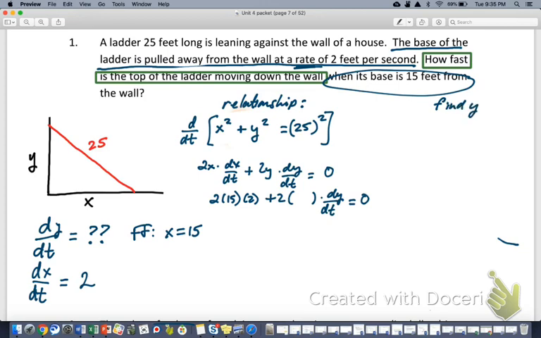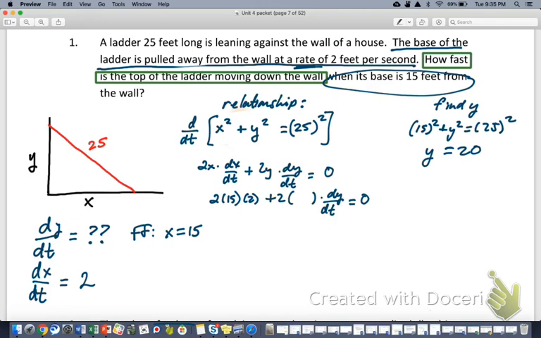The way that I'm going to find y is I'm going to use my Pythagorean theorem at the freeze frame moment. So I would write 15 squared plus y squared equals 25 squared. If I square and subtract and square root and all that good stuff, I end up with y is 20. It's actually a 3, 4, 5 right triangle.